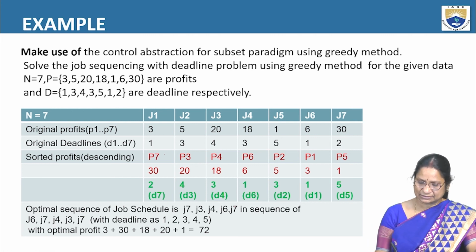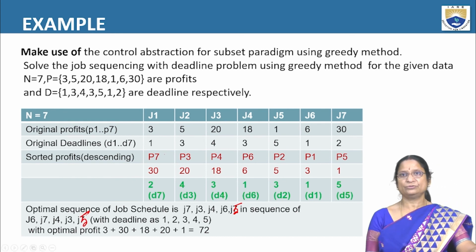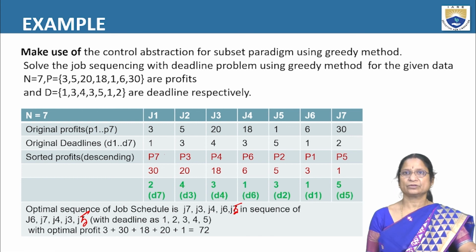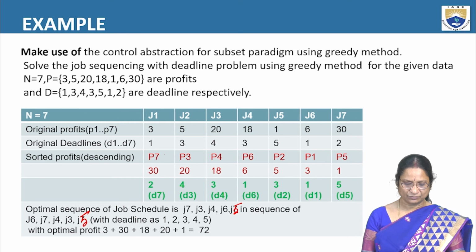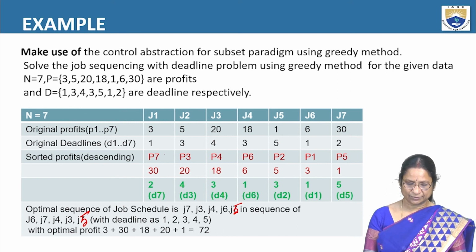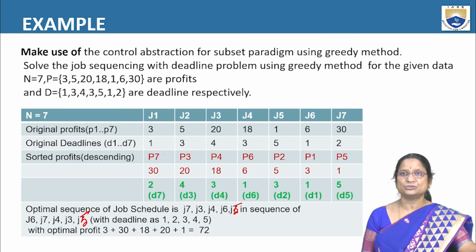So this is 5 and this is also 5. Okay, 1, 2, 3, 5. So these are kept as they are here, with optimal value 30 plus 20, 50 actually. We are going to have 3 plus 30 plus 18 plus 20 plus 1. The order will be in this order, but all jobs are included.